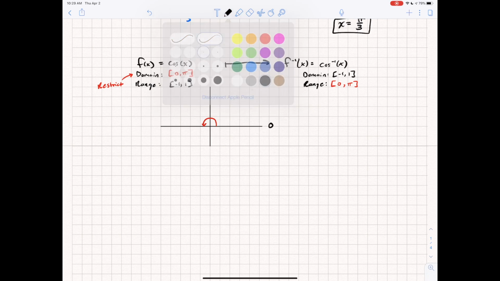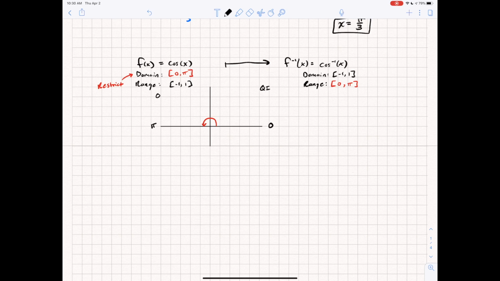So I'm getting all of the answers that are in the first quadrant, and I'm getting answers in the second quadrant. But this wall stops at pi. I'm never getting down here in terms of the third and fourth quadrants. So there's no way that inverse cosine can ever produce an answer that's more than pi.